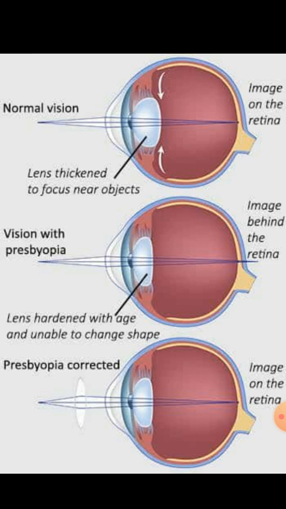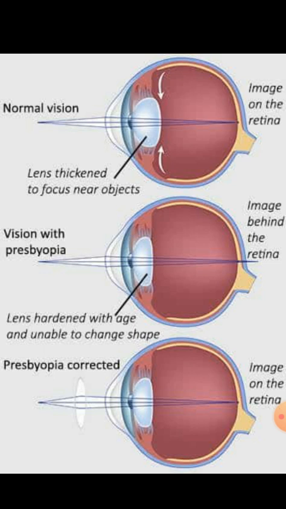Now, the second possibility of presbyopia is that a person may suffer from both myopia and hypermetropia. Such a person needs a bifocal lens for correction.